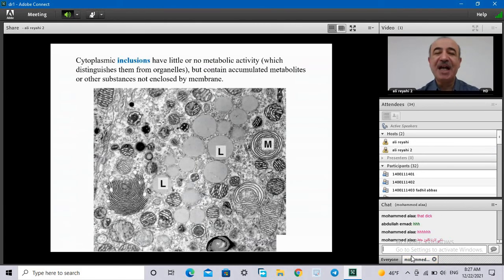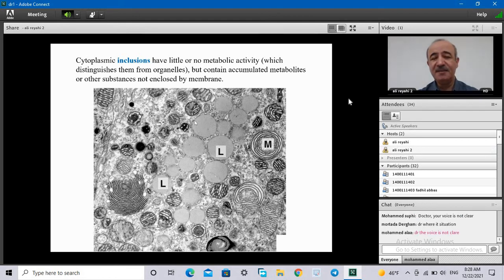At the end of chapter 2, of Junqueira's histology, we reach some inclusions, vesicles, or particles. The cytoplasmic inclusions have little or no metabolic activity, which distinguishes them from organelles.